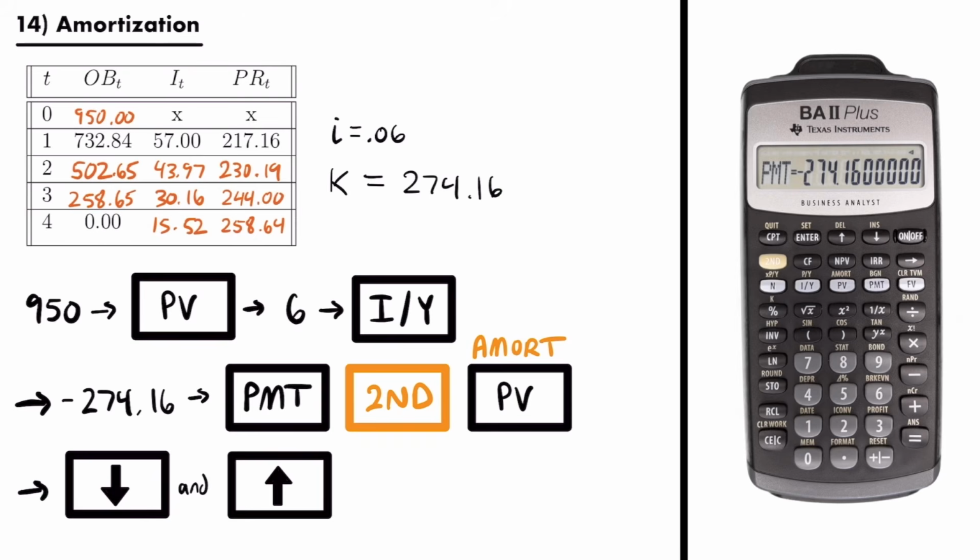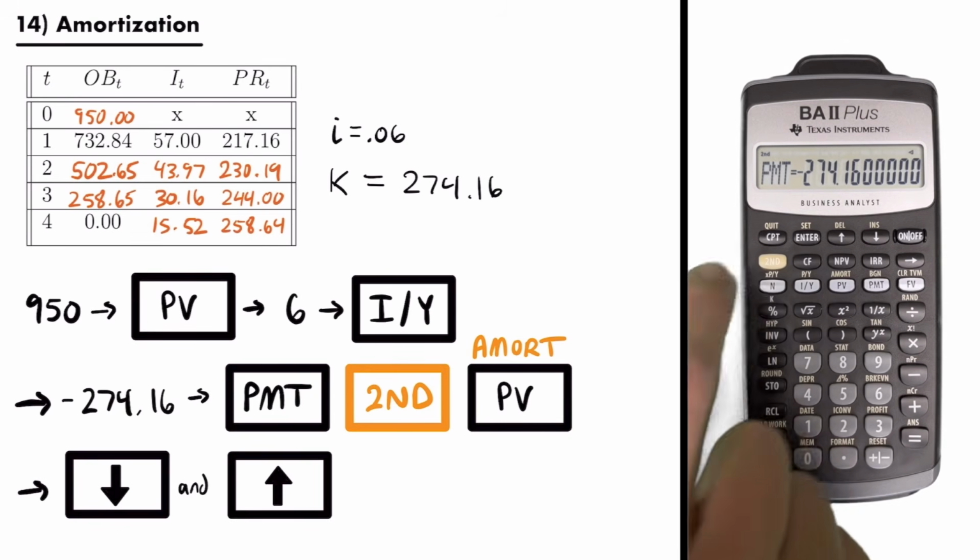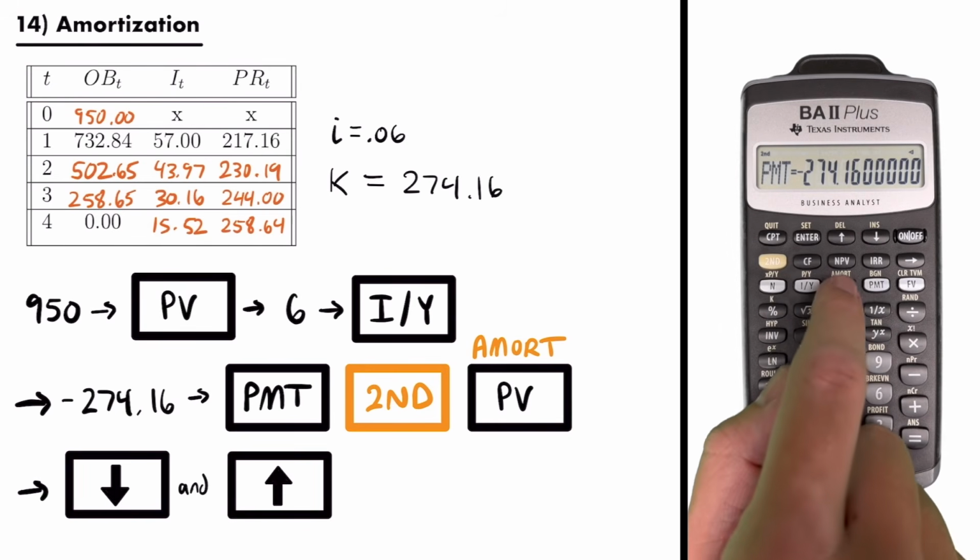But now we are done, and instead of calculating or computing the present value or future value, we are going to hit the second button and then the present value button. Because above the present value button are the letters AMORT, which is short for amortization, which is where the amortization function for your calculator can be found. So we'll hit second and then the present value button.